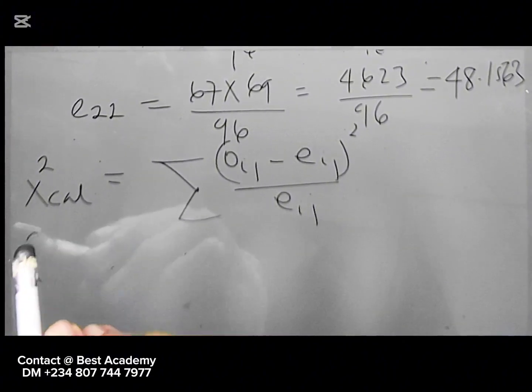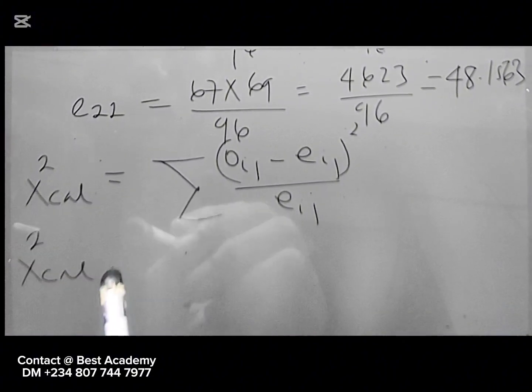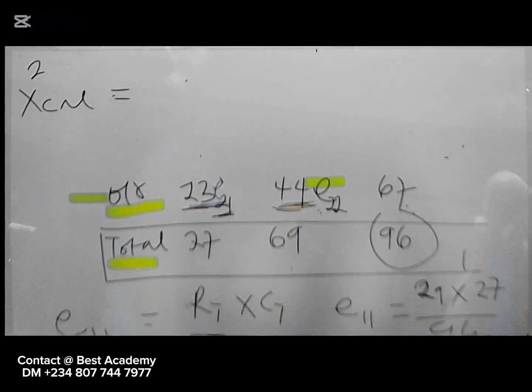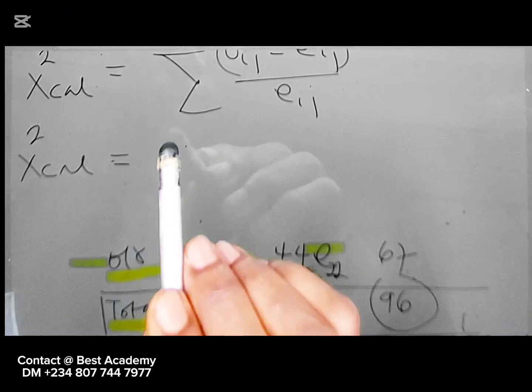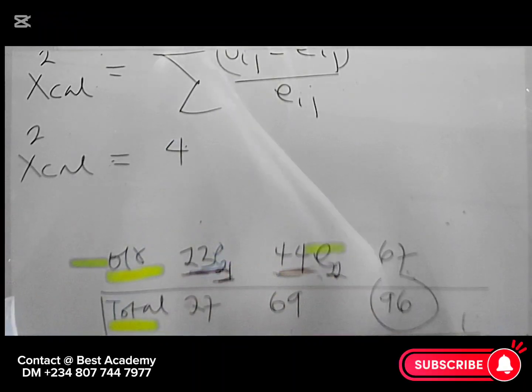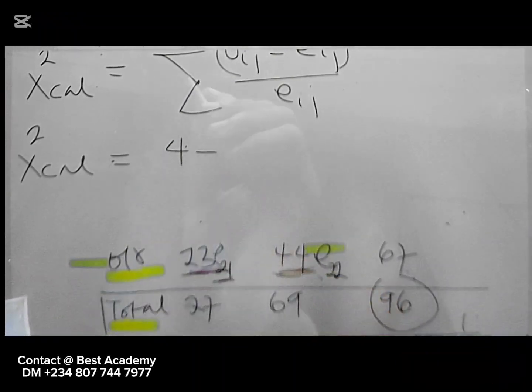So now let's replace. Our chi-square calc will be equal to, now observe, remember the observed, let me get the first observed value there. The first one is 4. Then minus expected.